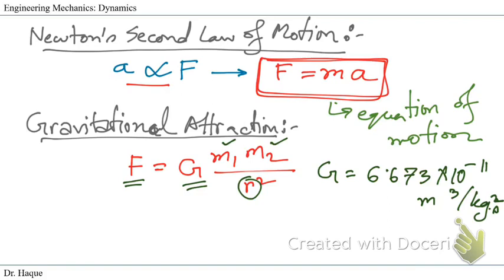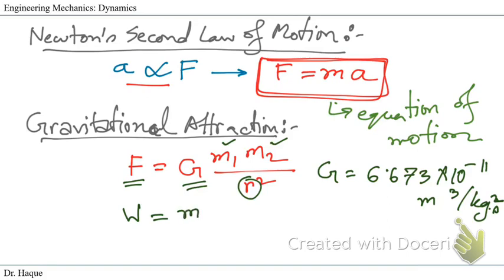Okay, and then when we talk about any particle or any object or any human body close to the Earth, this force F is defined by weight. The weight W, not mass, weight. If it's a force, we said force equals ma, mass times acceleration.